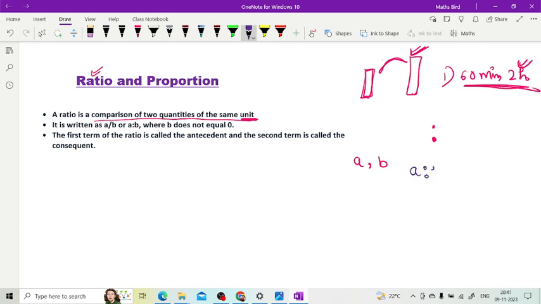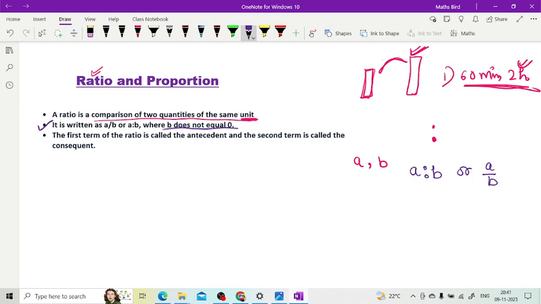So we can write it as A ratio B, or we can also write it as A upon B. Both are the same thing. So it is written as A upon B or A ratio B, where B does not equal 0.